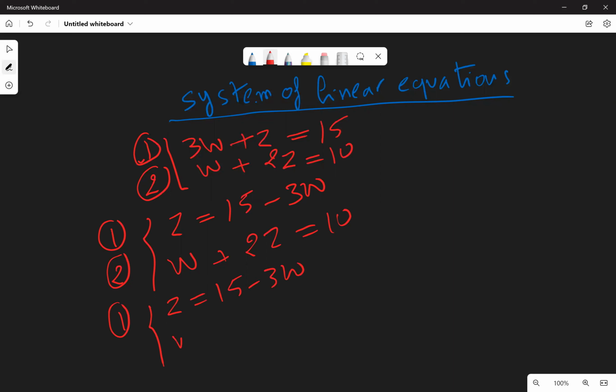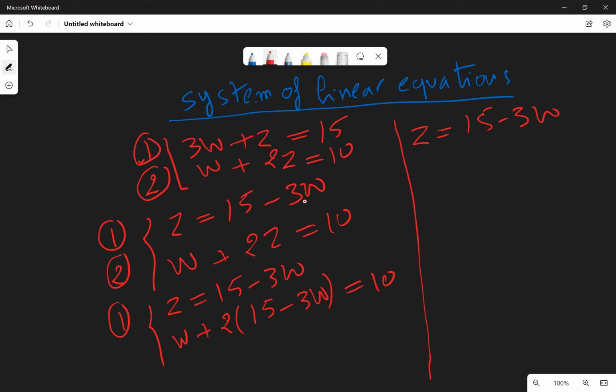Now we have w plus 2 times z, and z is 15 minus 3w, equals 10.